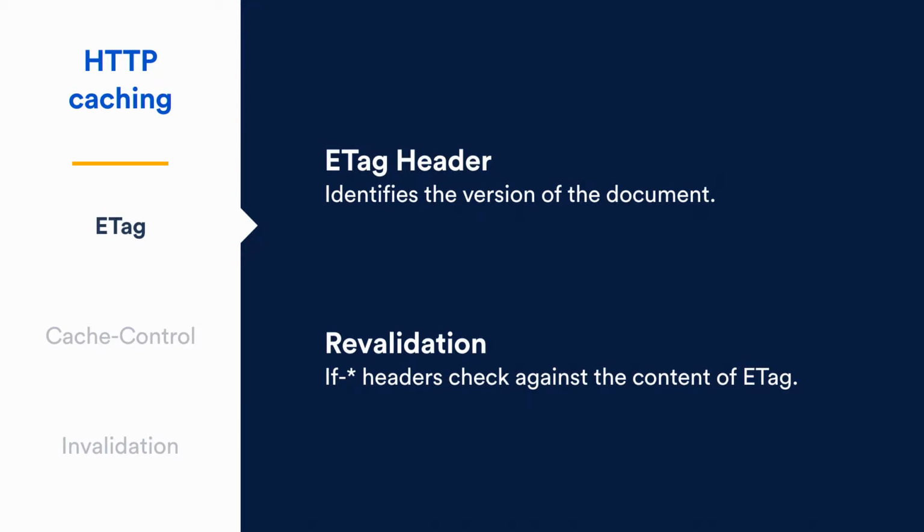And the way revalidation works is that when your client requests the same resource again, it sends one of those if-star headers to check against the existing value of the resource.